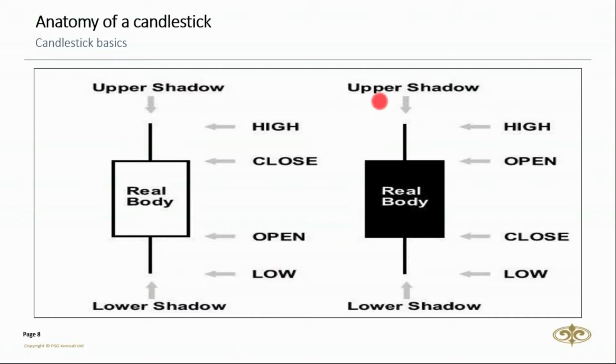Same thing when the market's falling: we've got the high for the day and the low for the day. What's important is the close relative to the open. You can see it opened higher but closed lower, and that's why we have a black day. So that is the anatomy of a candlestick, how it all puts together.